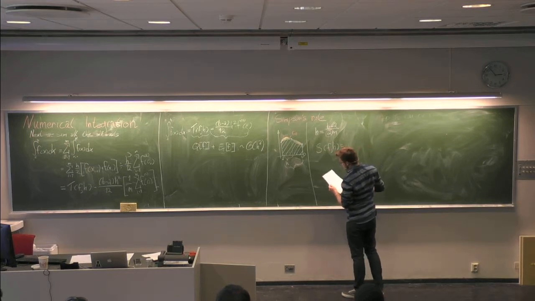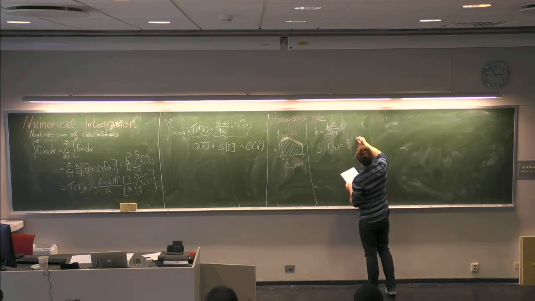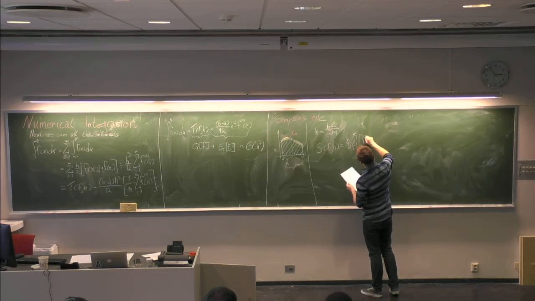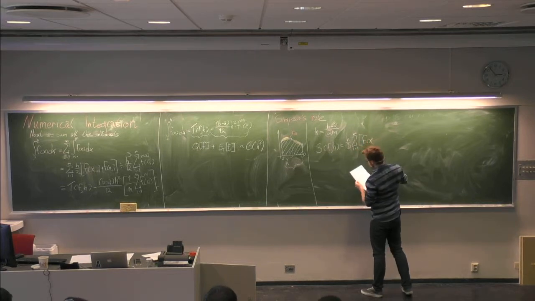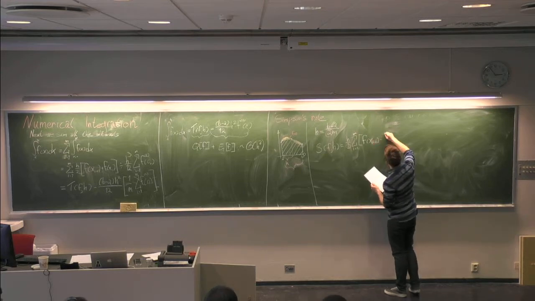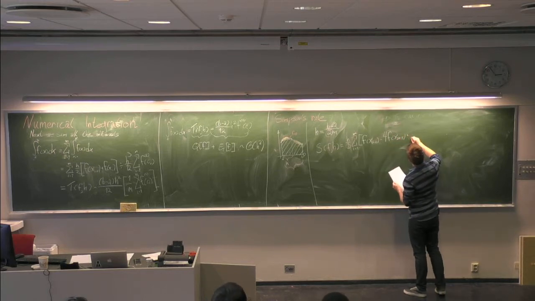S of f, h over 3, sum from 1 to the number of these, f of x_{2i-2} plus 4 f of x_{2i-1} plus f of x_{2i}.